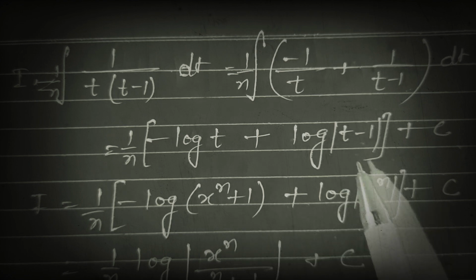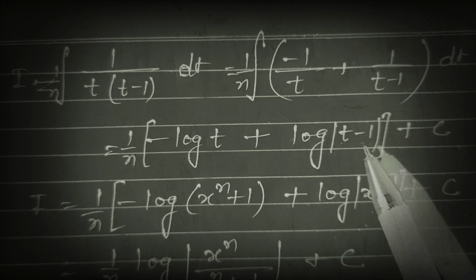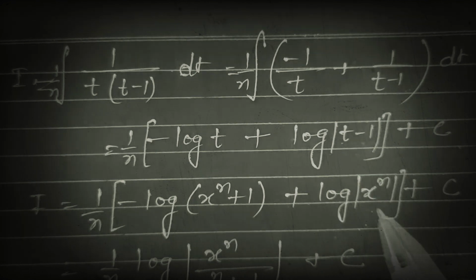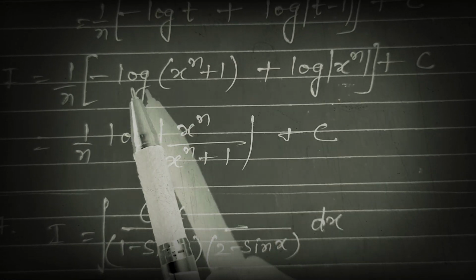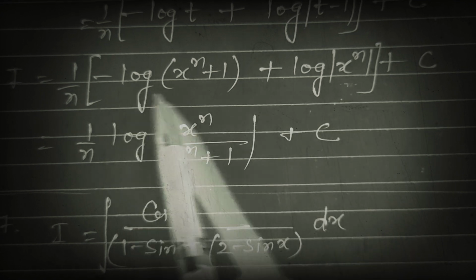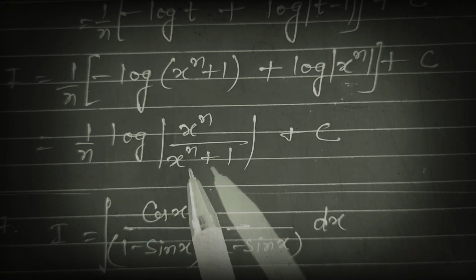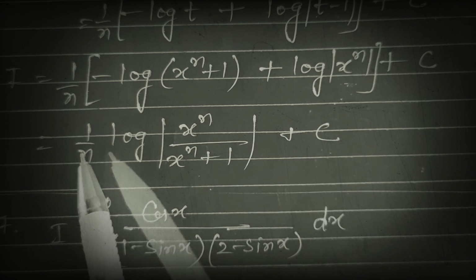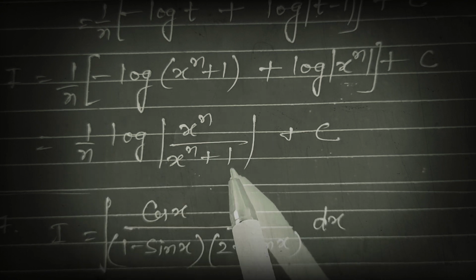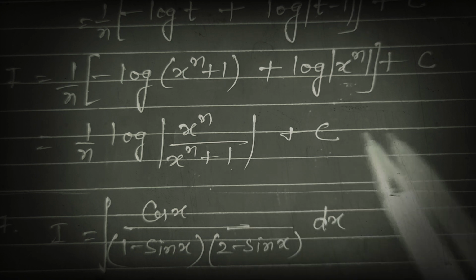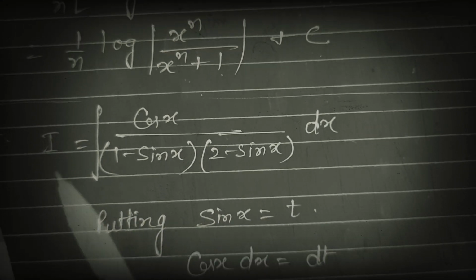Here also t value is x raised to power n plus 1, minus 1 cancels. So it is x raised to power n plus c. So log m minus log n, we can write log m upon n plus c. So the answer is 1 upon n log of x raised to power n upon x raised to power n plus 1 plus c.